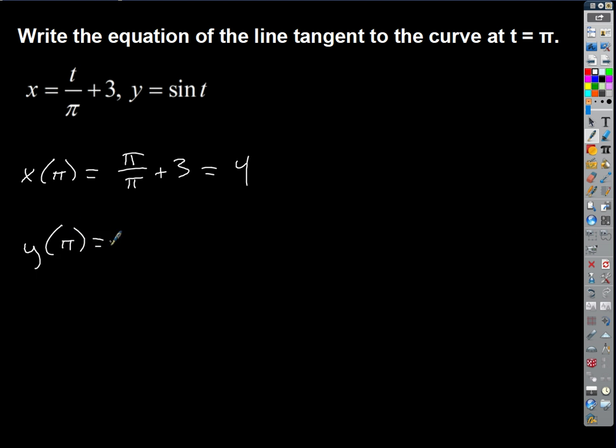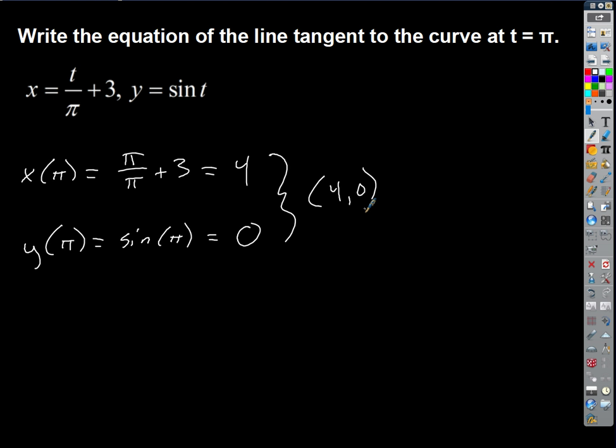y of pi equals sine of pi, which is what? 0. Okay. So the point of tangency is going to be at (4, 0), right? Now I've got to come up with the slope though, right?